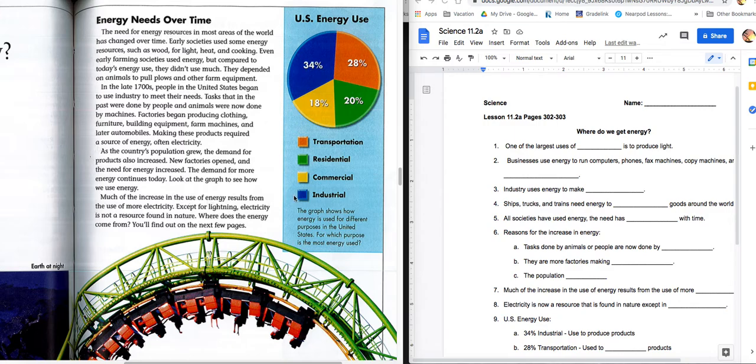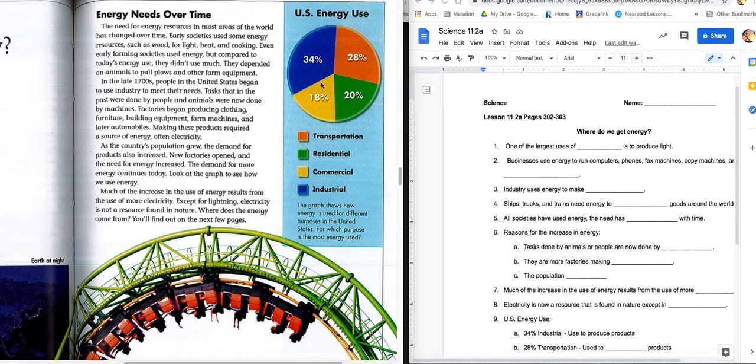Okay? Let me finish up before I go through the graph with you. Much of the increase in the use of energy results from the use of more electricity. Number 7 in your notes. Except for lightning, electricity is not a resource found in nature. So I wrote that sentence backwards, guys, in your notes here. Electricity is a resource that is found in nature, except in, you have to write lightning here, and then you want your extra credit.